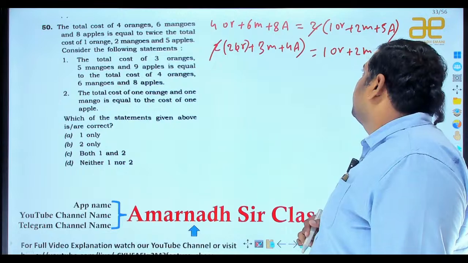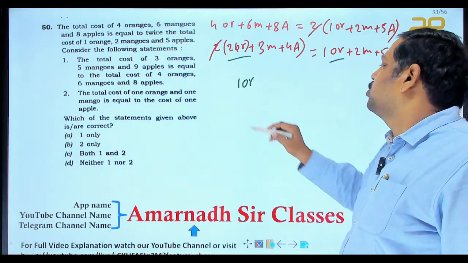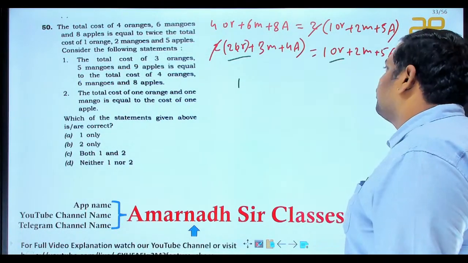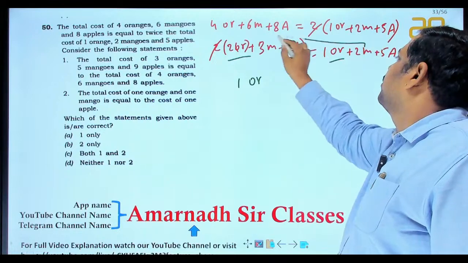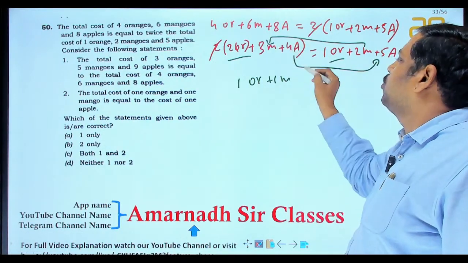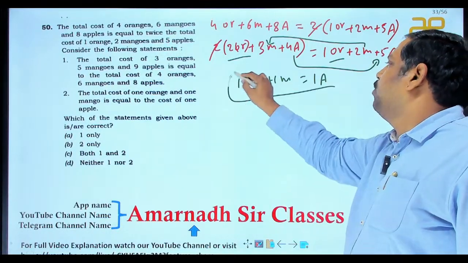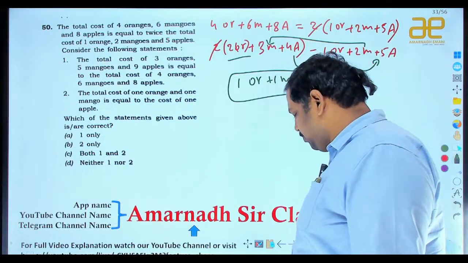Now the beauty you can notice is, move the 1 orange this side: 2 oranges minus 1 orange means 1 orange. Move the 2 mangoes this side, it will be plus 1 mango. Move the 4 apples this side, equal to 1 apple. 1 orange plus 1 mango is equal to 1 apple. That's what I noticed here.